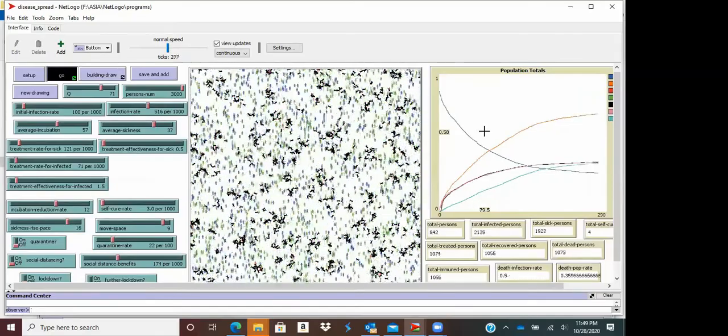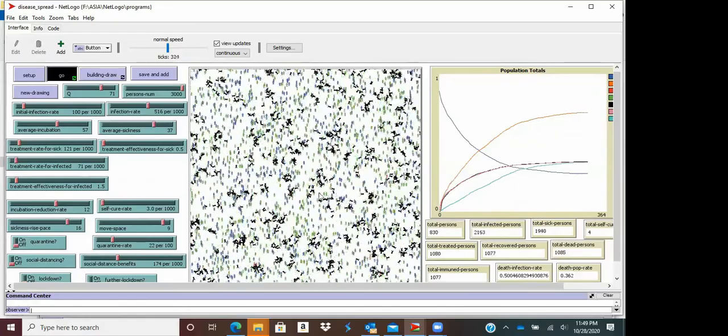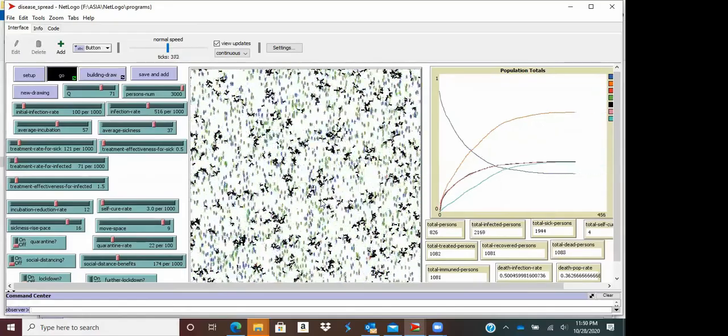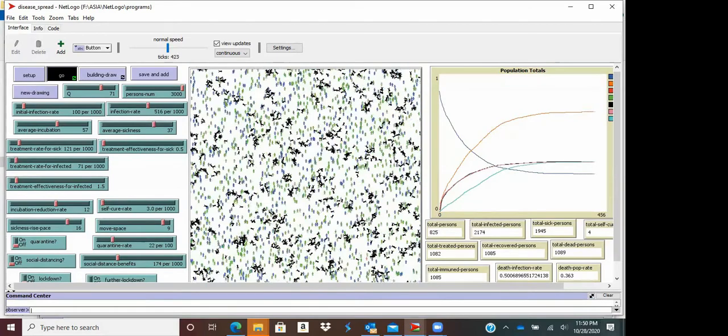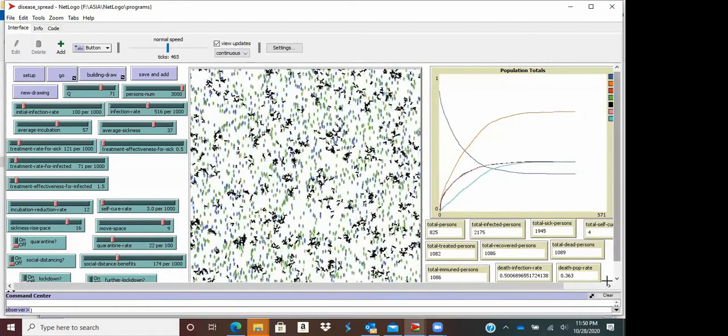Now you can see the bodies littered all over the place. Some statistics you can read from these monitors.